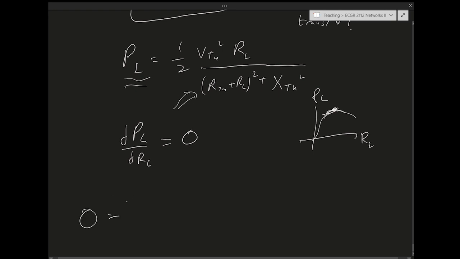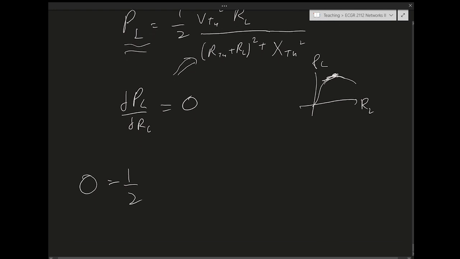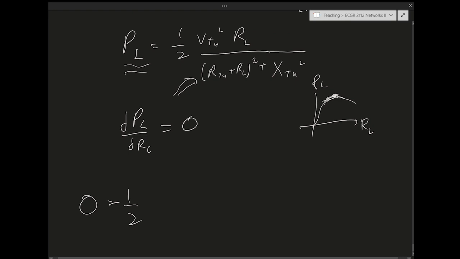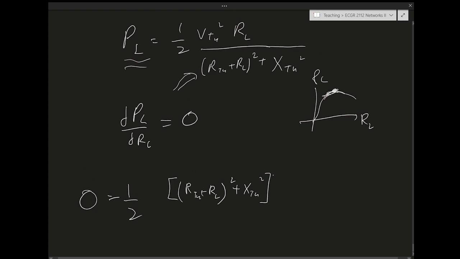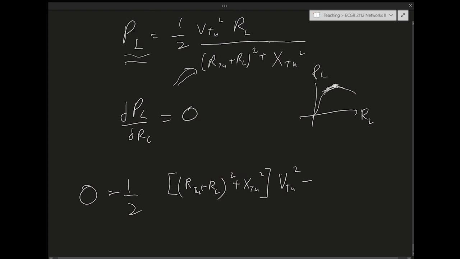This is just going to be half. This is a rational function, so it's going to be the denominator times the derivative of the numerator, which is just V Thevenin squared, minus the numerator times the derivative of the denominator.